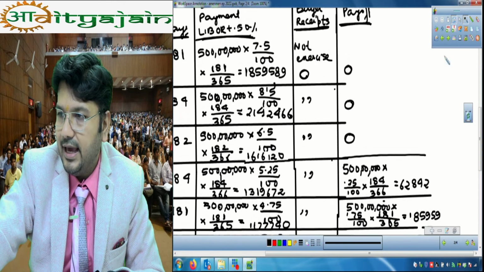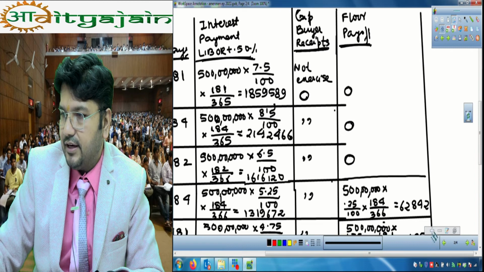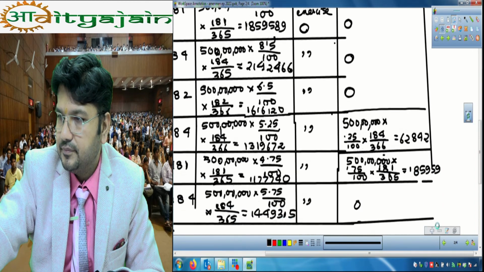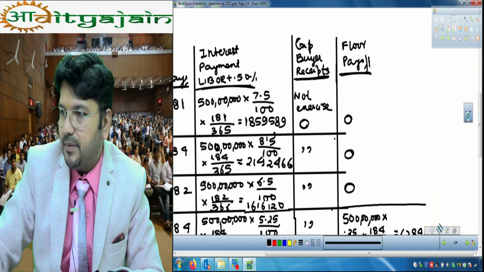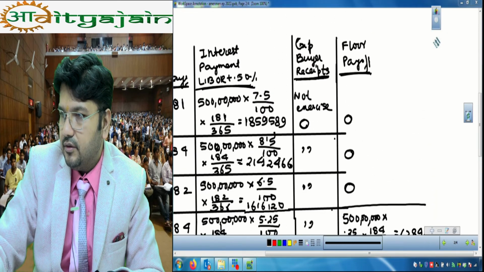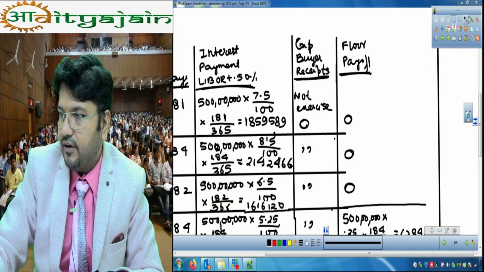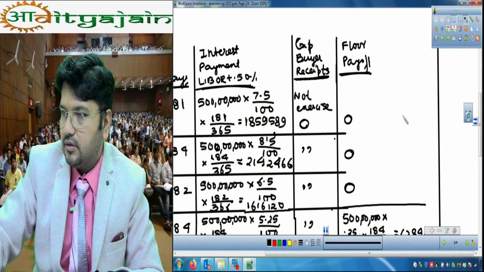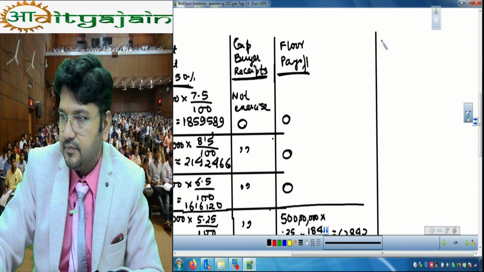So what is my effective interest? If you don't have space, you can definitely use a different table.